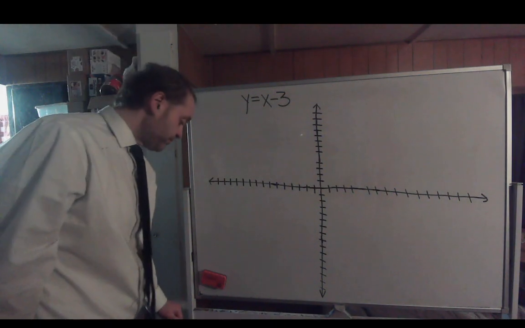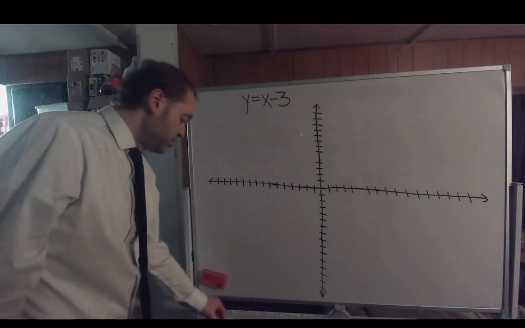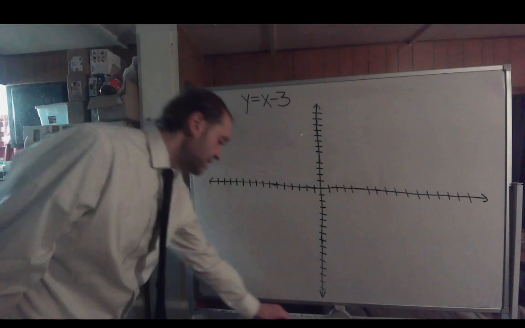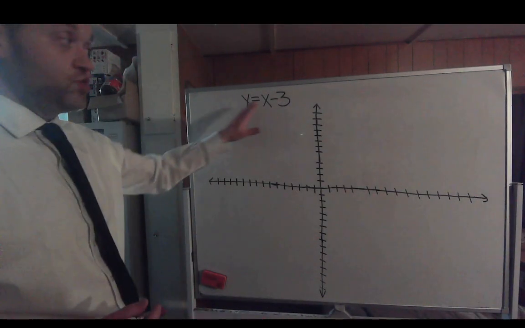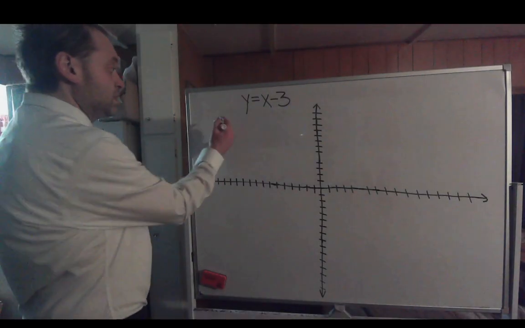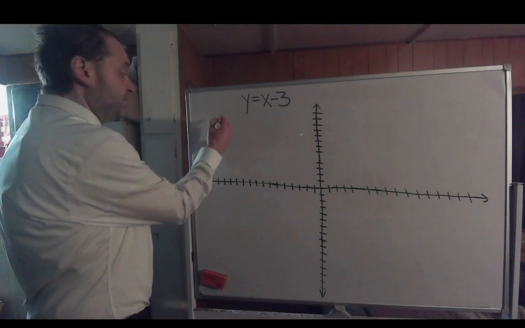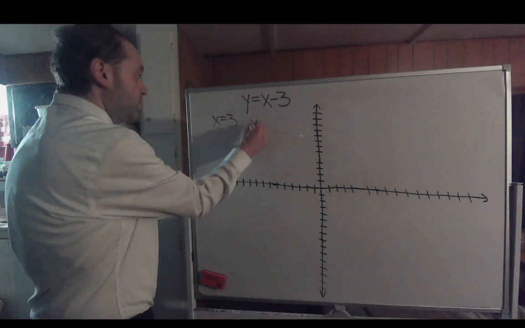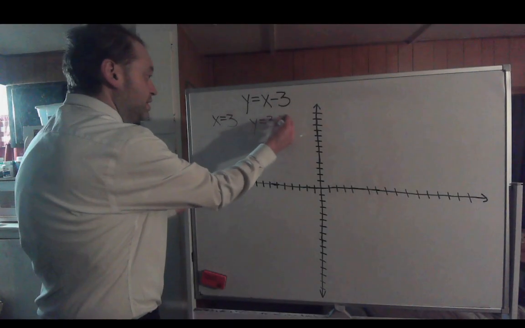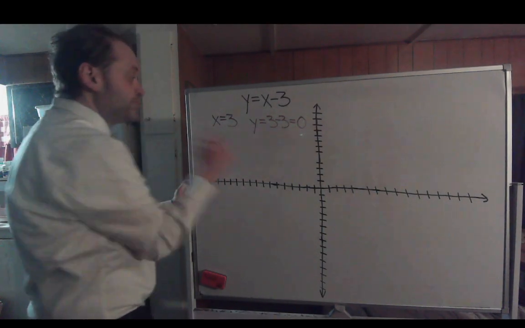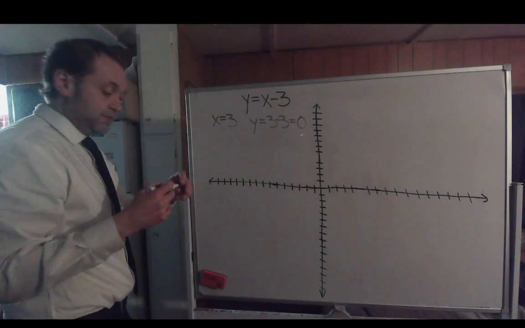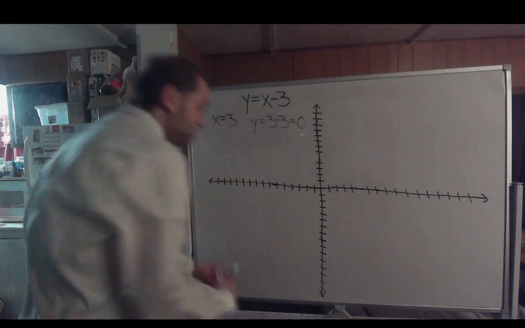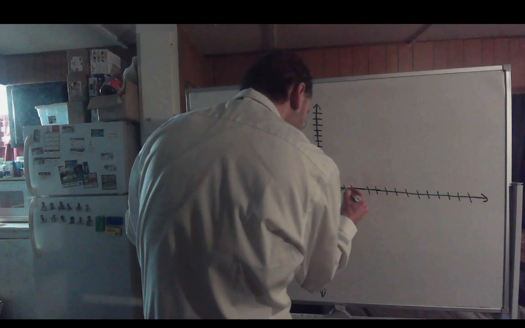So all you have to do is input something in for x, you should get out a y value. So if I put in x equals 3, that means that y would equal 3 minus 3, which would equal 0. So I would get the point 3, 0, right? So let me plot 3, 0.